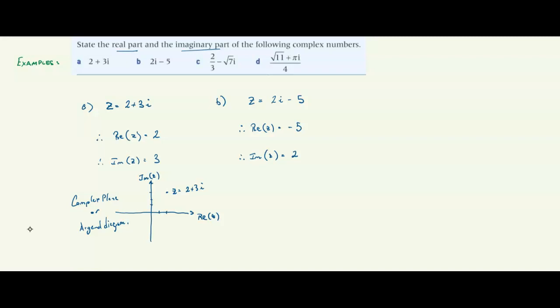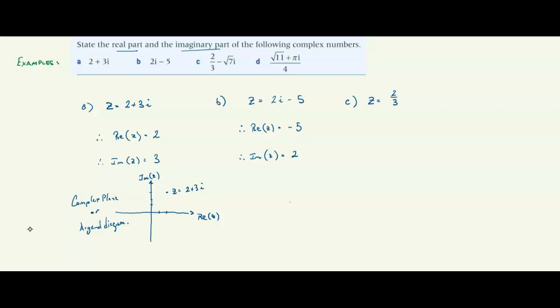This, if you like, is not terribly dissimilar to when we represent an irrational number in such a way where we've got the rational component and the irrational component, and we don't put them together. We keep them separate. So this is not dissimilar to that in that way. All right, so part C, z equals, what have we got here?